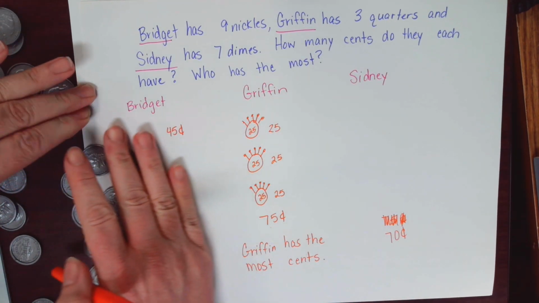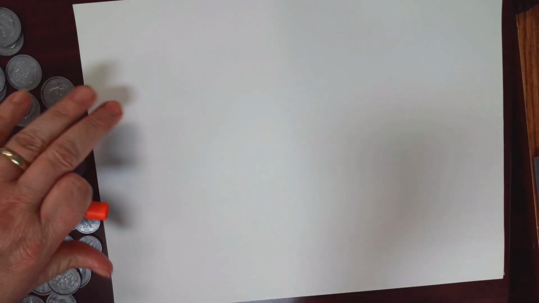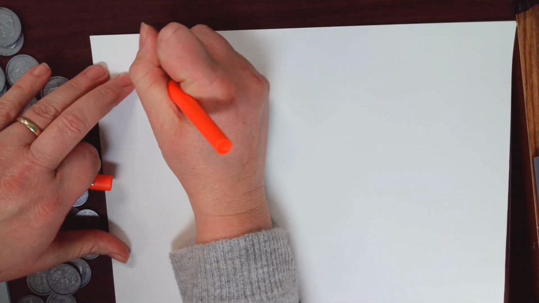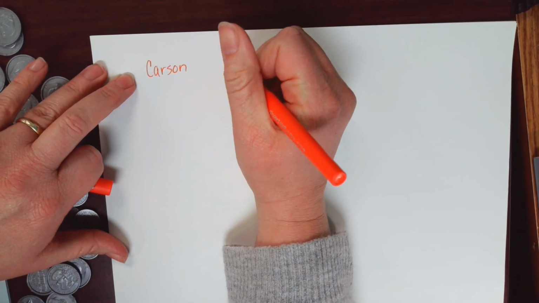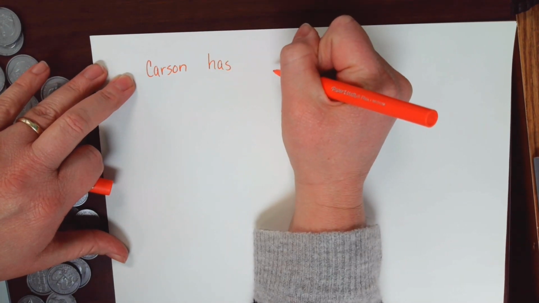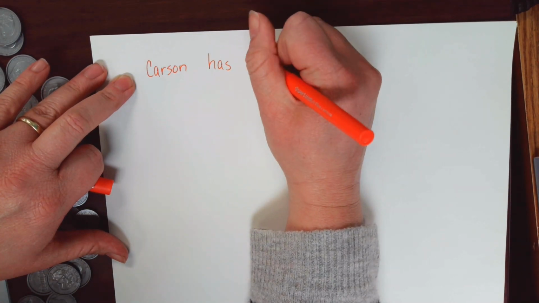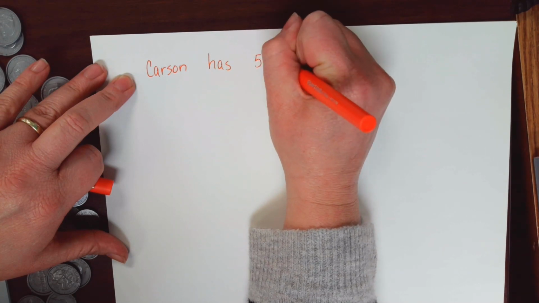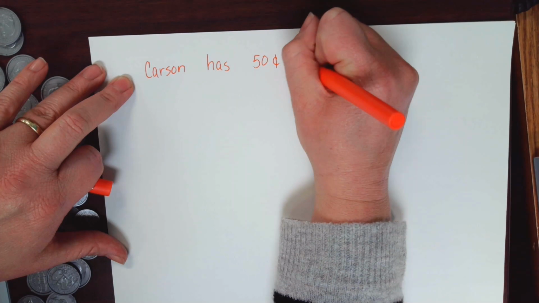But first I got a brain teaser. So let's think about this. Move this sheet of paper. So let's say that Carson has, let's say he has 50 cents, okay, in his pocket.